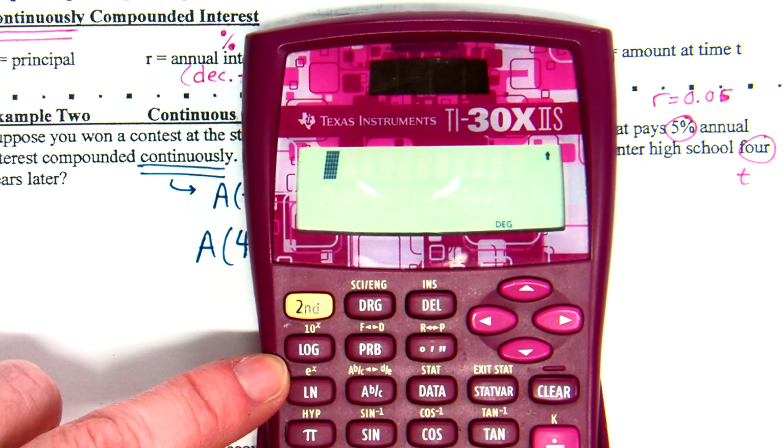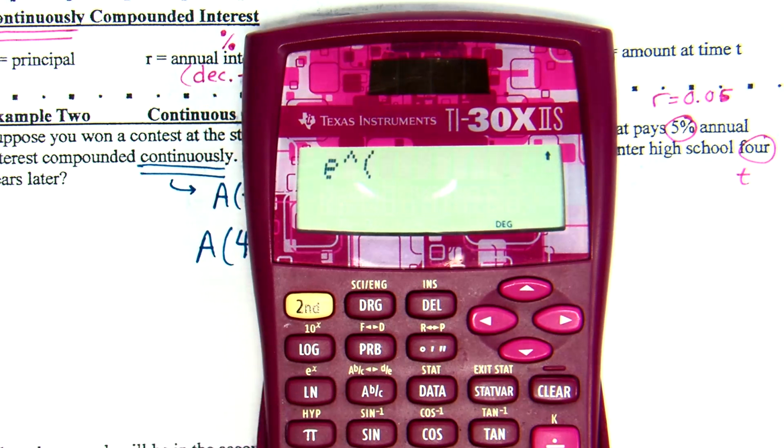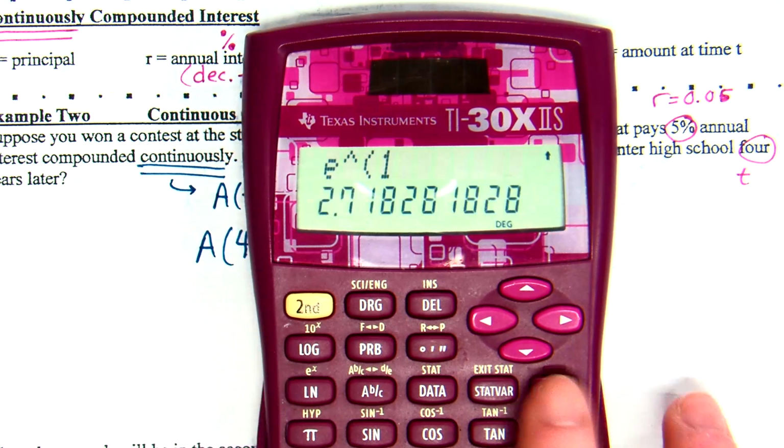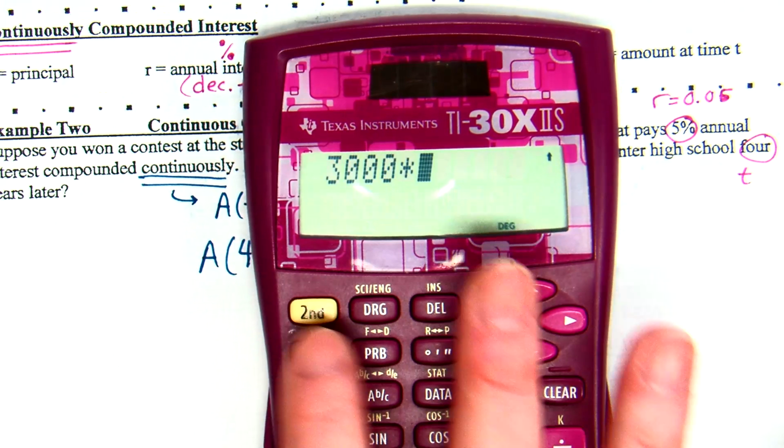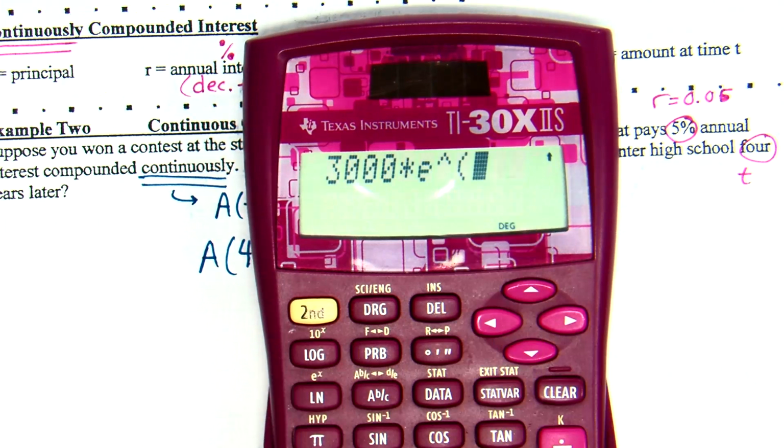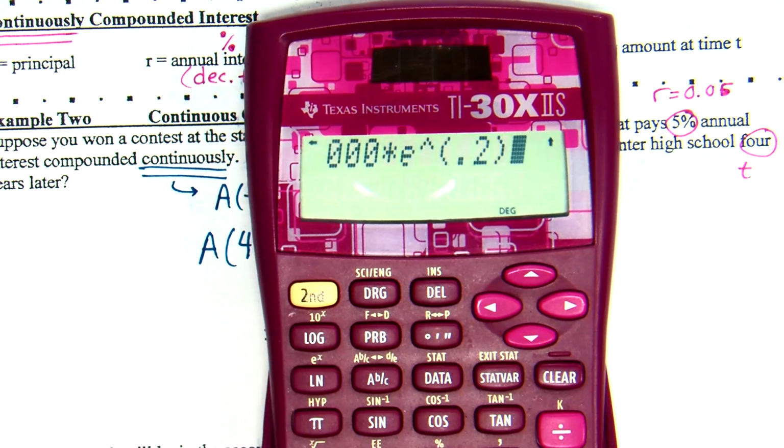So if I'm doing 3,000 times e, I do my second function, and I'm doing to the 0.2 power. Does your answer match my answer? If so, you figured out how to use your calculator. If not, we need to figure out how to use your calculator. Any scientific or graphing calculator is going to have the e button on there also.